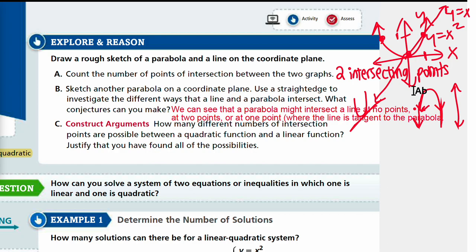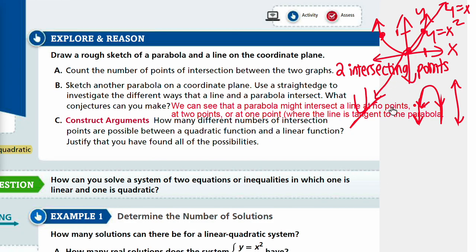How many different numbers of intersection points are possible between a quadratic function and a linear function? Like we explored, we would either have 2 different solutions, because if you intersect at 2 points, then you would have 2 solutions, or 1 if it's exactly tangent, and none if they never intersect.